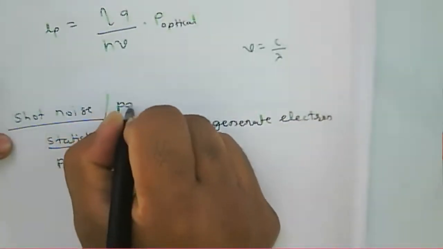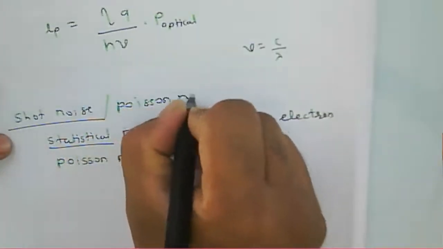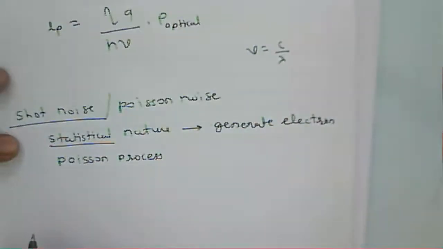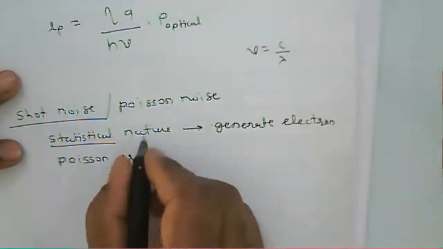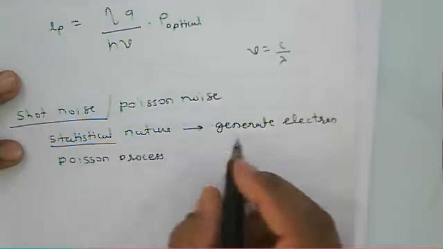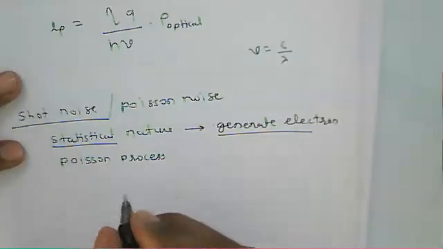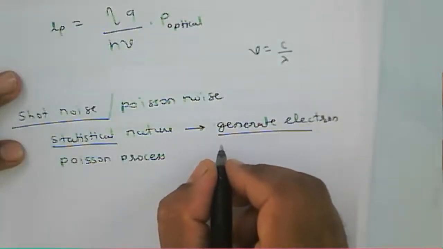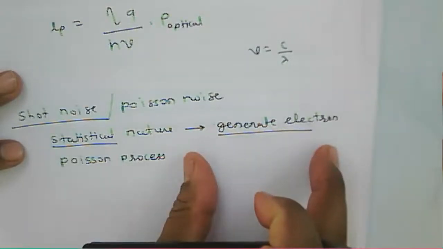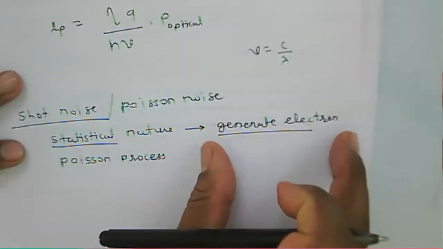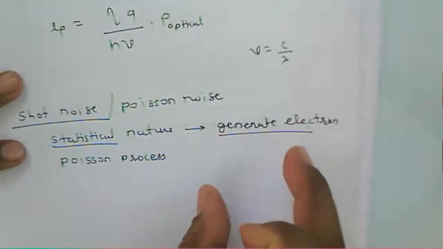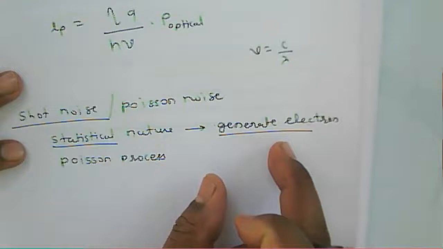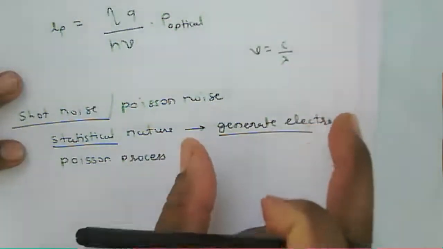So that's why it is called shot noise or Poisson noise. We say this because the number of electrons or photons generated has some fluctuations in the number of electrons generated.